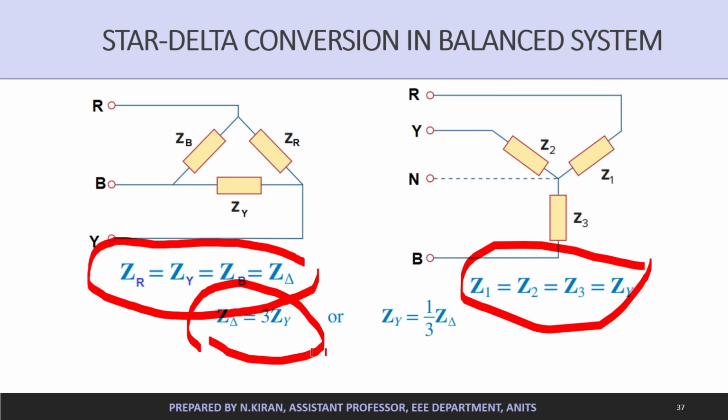If I want to convert, impedance in star connection is nothing but 1 by 3 times the impedance of delta connection. So this is how I can convert either star to delta or delta to star in balanced three-phase system.